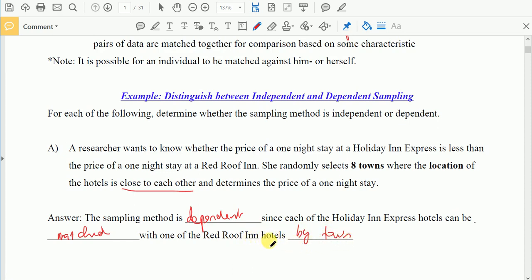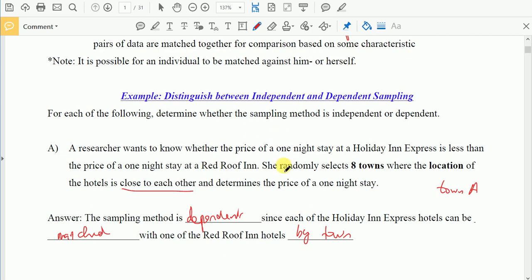The reason that this case is dependent is because let's say you select 8 towns, and the first town is town A. When I first select town A, I select one Holiday Inn Express, and then for the next hotel I have to select the Red Roof, because they have to be 2 different hotels in order for me to compare them.